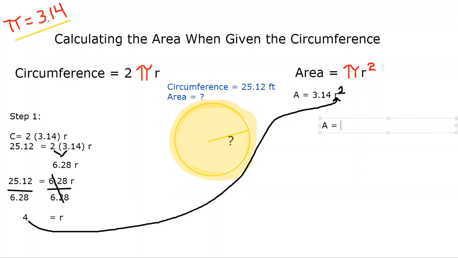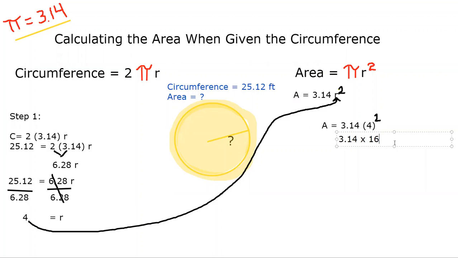We know the value of pi, 3.14, times 4 squared. Order of operations tells us that we need to multiply our 4 times 4, our exponents, first. So then I have 3.14 times 16.